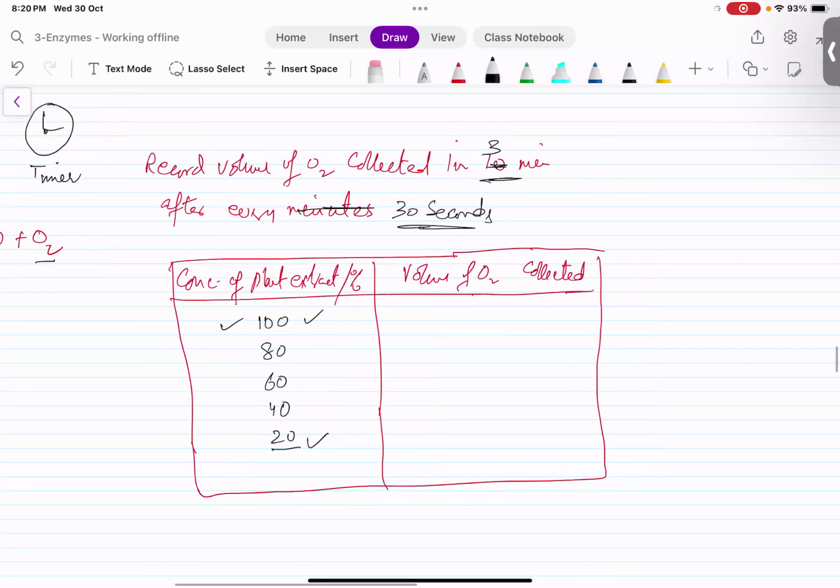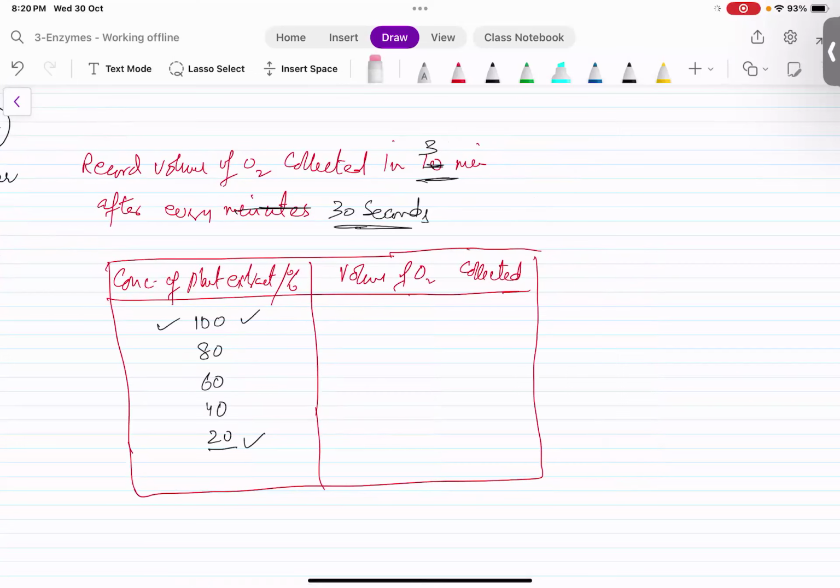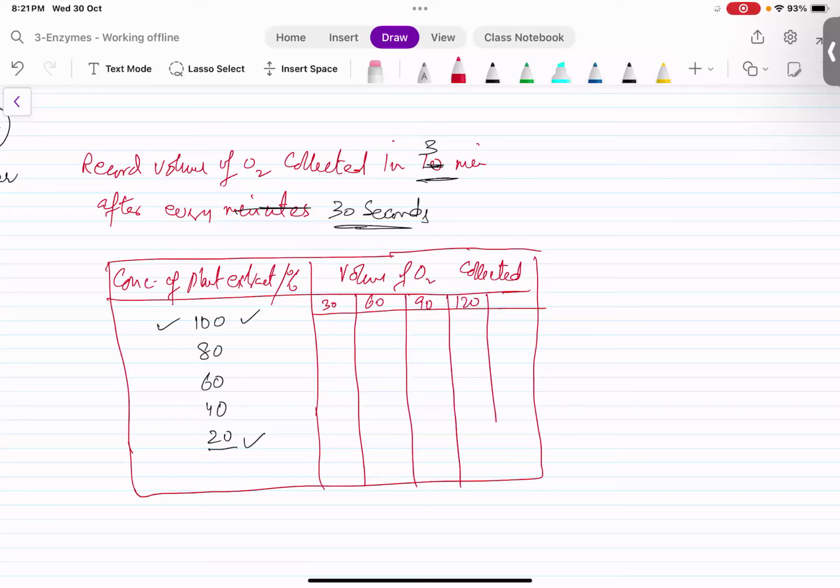And as it is collected after every 30 seconds, we can divide it into the first 30 seconds, then 60 seconds, then 90 seconds, 120 seconds, 150 seconds, 180 seconds, and 210 seconds.